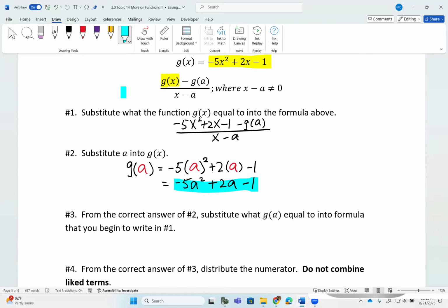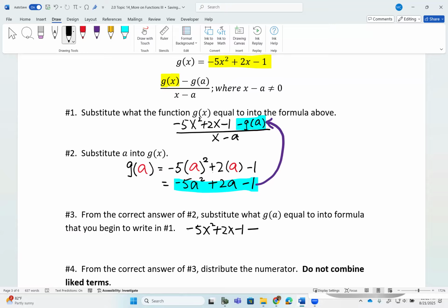So number 3 says, from the correct answer in number 2, substitute what g of a equals back into the formula that I began to write in number 1. So I'm going to take the entire g of a and put it right here. I'm going to write down whatever is already there, negative 5x squared plus 2x minus 1.